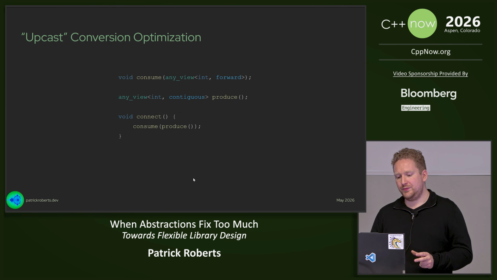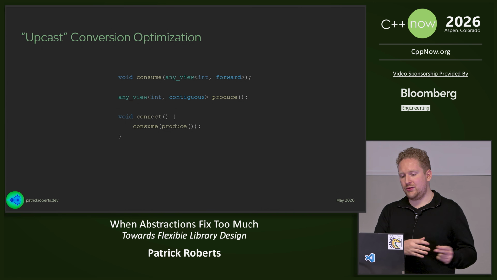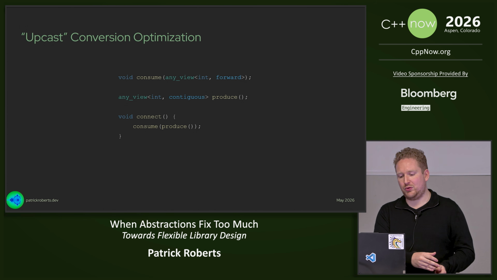So here's an example. You have one library that consumes a type erased forward view, and you have another library that produces a type erased contiguous view. Naively, if you wanted to implement this, you would note that the contiguous view models the forward view, and therefore it can be a concrete type that you erase as a forward view.